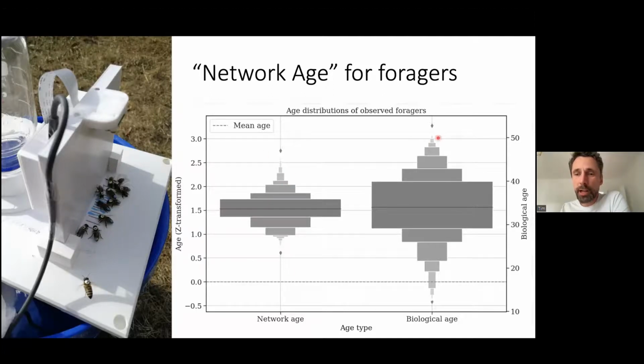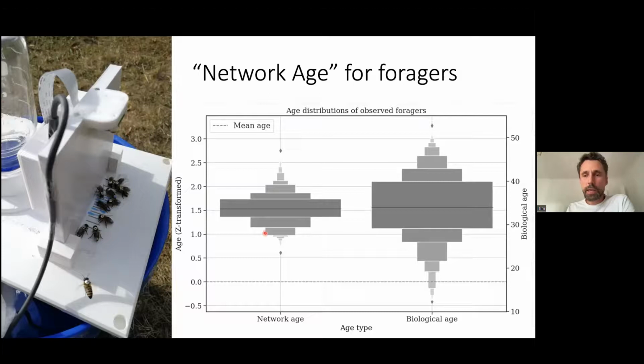In the biological age, we see that even very young bees, down to the age of 5 days or so, up to very old bees, fly out and apparently have become foragers.